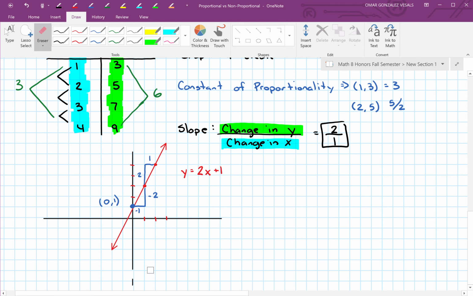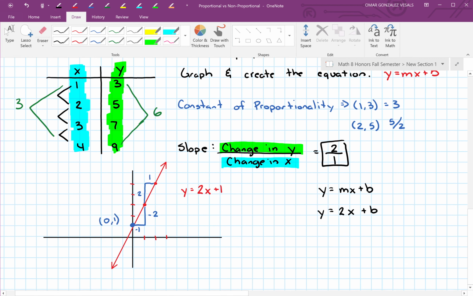Now there's also the algebraic way. I prefer the algebraic way. I know that my equation is going to be y equals mx plus b, correct? Do I know what m is? What is m? 2x plus b, right? All of these values over here on our table are what kind of coordinates? They're x and y coordinates, right? So I'm just going to choose one. I'm going to choose the coordinates 1, 3.